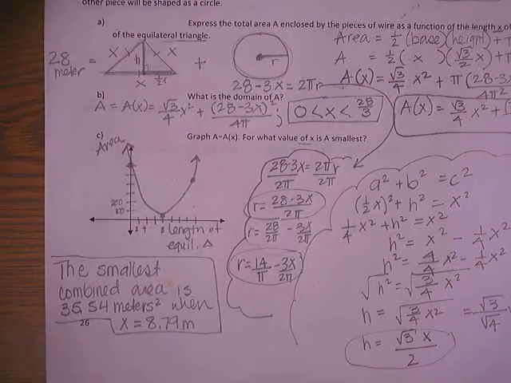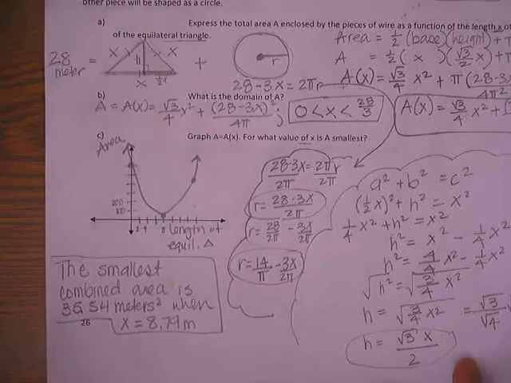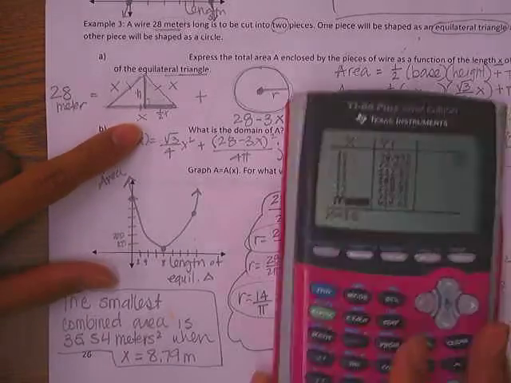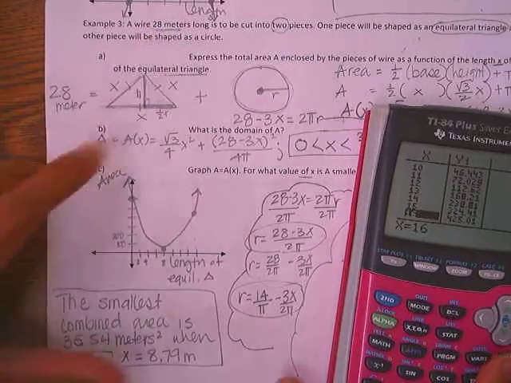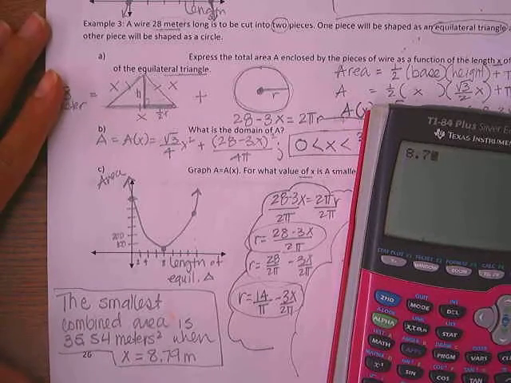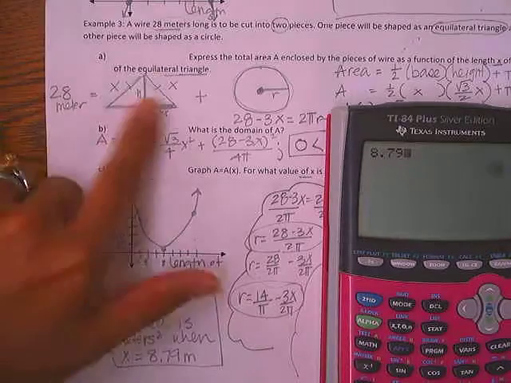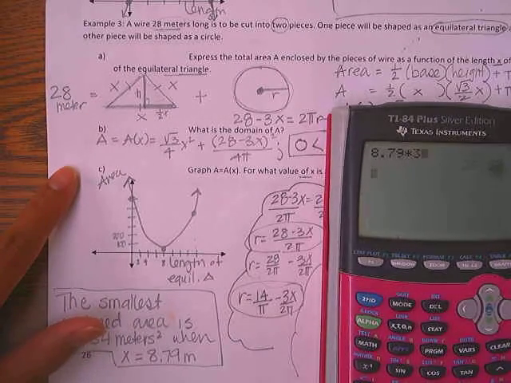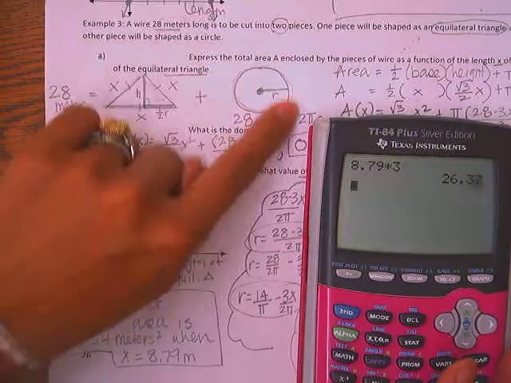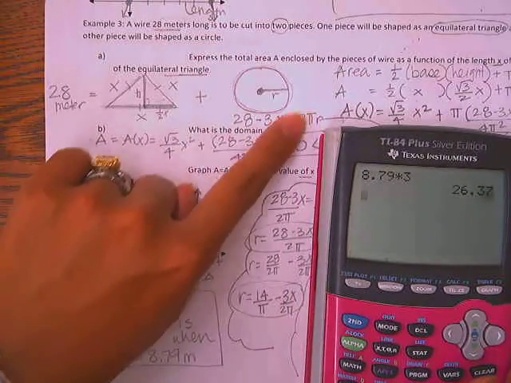Alright, now let's check to see if this is going to work out. When x is 8.79, let's add it up really quickly, to make sure we don't exceed 28. 8.79 times 3, because I have 3 of them, is 26.37. And that means the rest of the circle is really tiny.